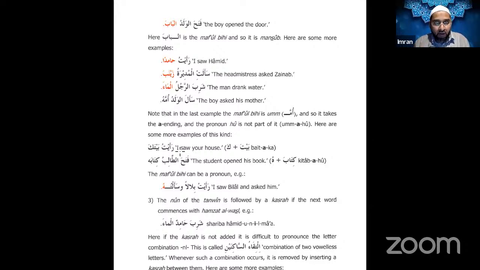So, for example, ra'aytu baytaka. Bayt and ka are two words. Bayt is one word, ka is another word, and it's also mudaf and mudaf ilayh. Originally, it should have been baytuka, but because it's situated after the verb as an object, baytuka changes to baytaka.